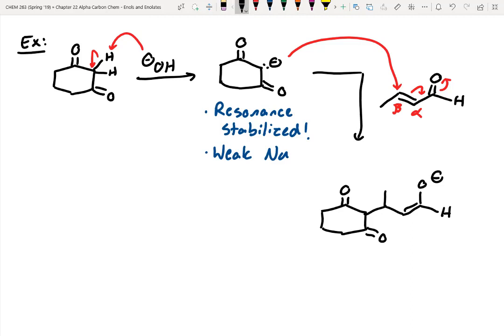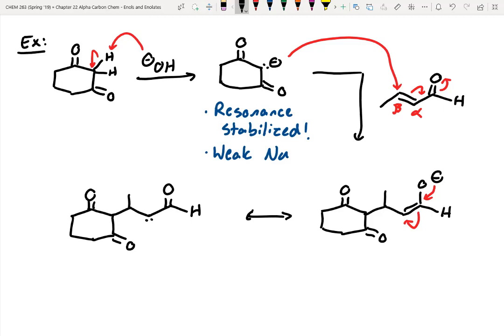All right, and then in the next step, we know that this is resonance stabilized as an enolate. So we can show the resonance structure down here. So we can show our enolate using both forms.